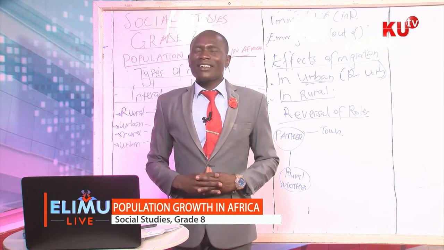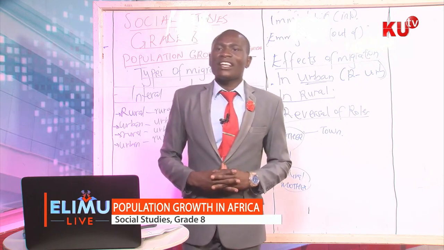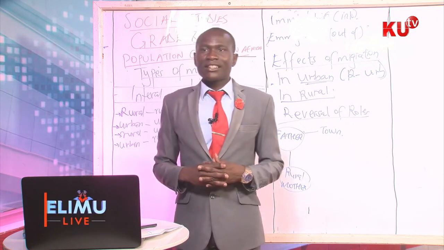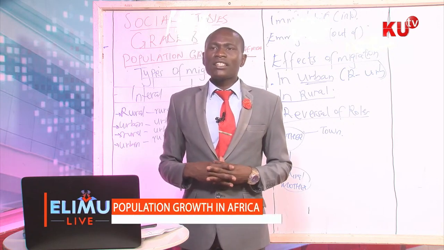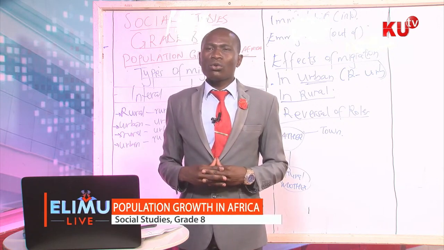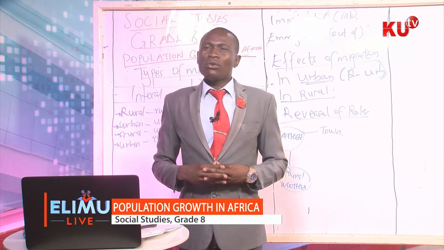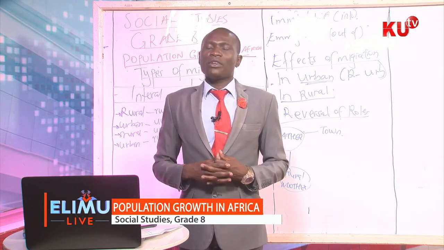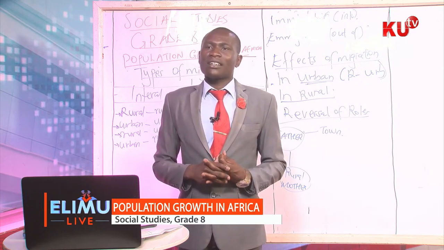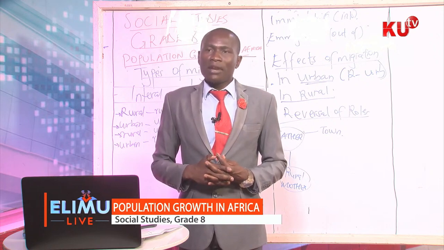Boys and girls, that brings us to the end of today's lesson. In today's lesson, we are looking at population growth in Africa. We have looked at the two types of population. We have looked at the causes and the problems.